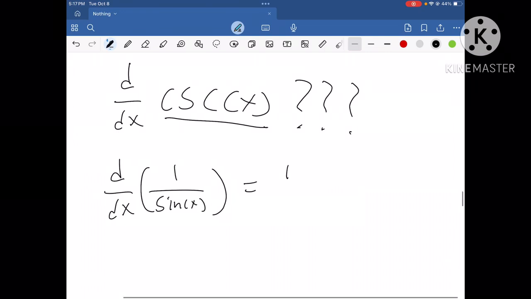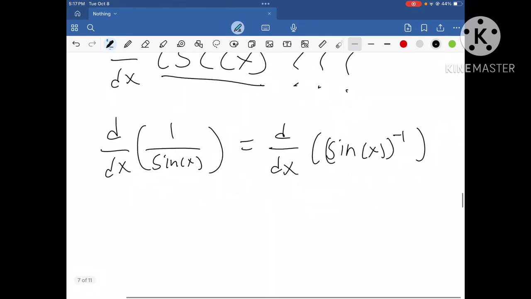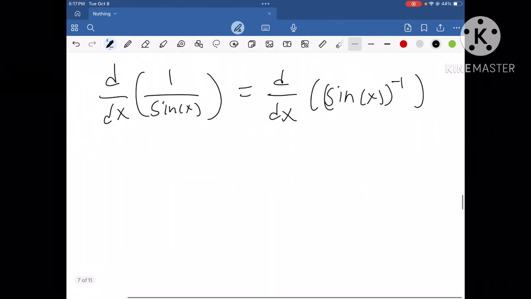Now, doesn't that seem a little bit easier? We can say that 1 over sine x is sine to the negative 1.